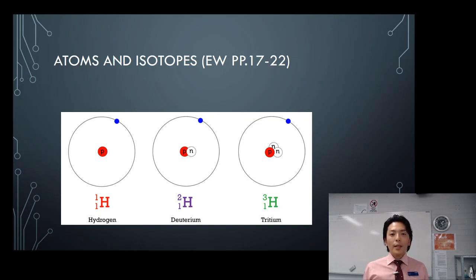And deuterium, the one that I kept mentioning, is still hydrogen, but with 2 at the top and 1 at the bottom. What do they mean? And tritium, apparently there's another isotope available. It says H with 3 and 1. What would that mean? Think about it. I'll ask you again: what would those numbers 1, 2, 3 and 1, 1, 1 mean?